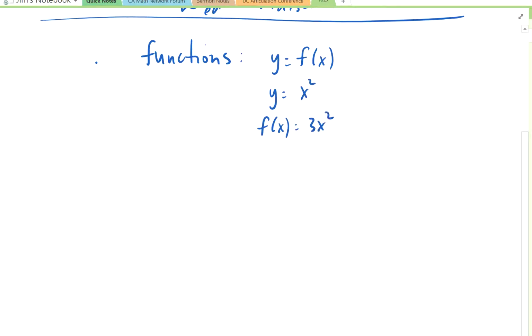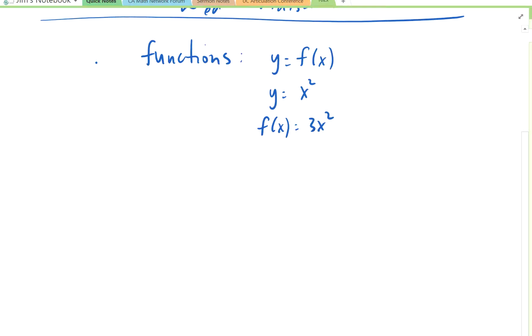Okay, so let's talk about what we're going to do today. We know about functions. We can write them in function notation, y equals f of x. Sometimes we say things like y equals x squared, or f of x equals 3x squared.